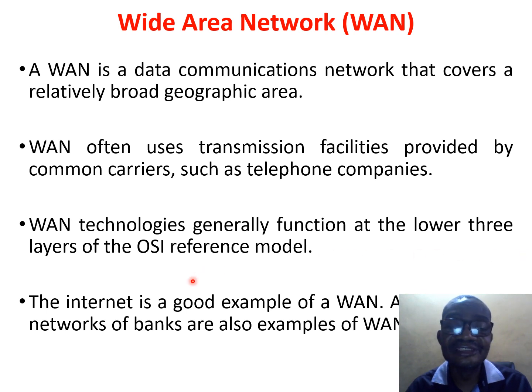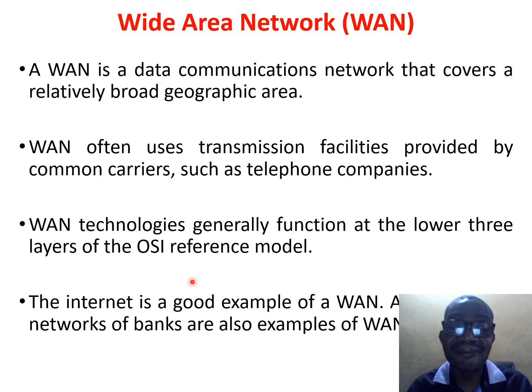The technology generally functions at the lower three layers of the OSI reference model. The lower three layers are layer 3, the network layer, layer 2, the data link layer, and layer 1, the physical layer.